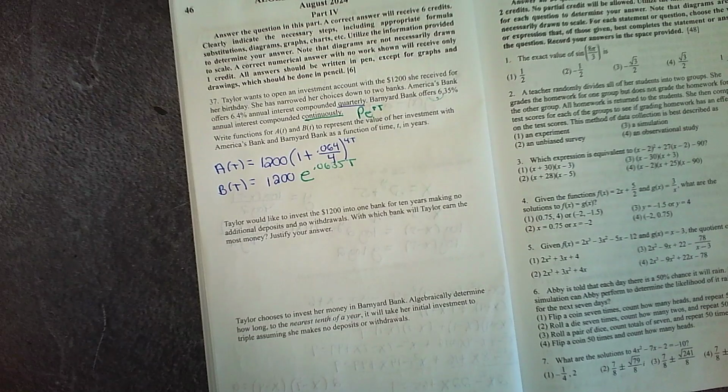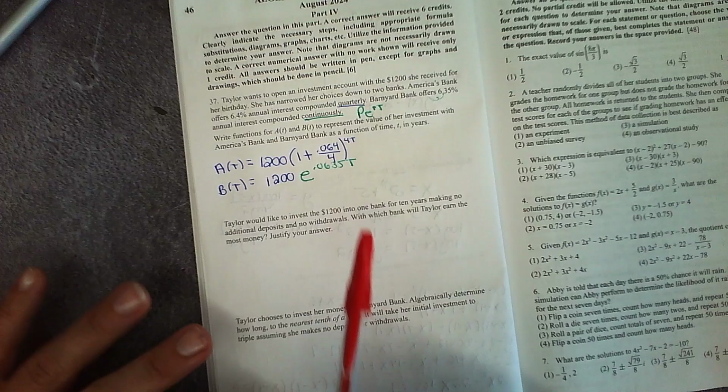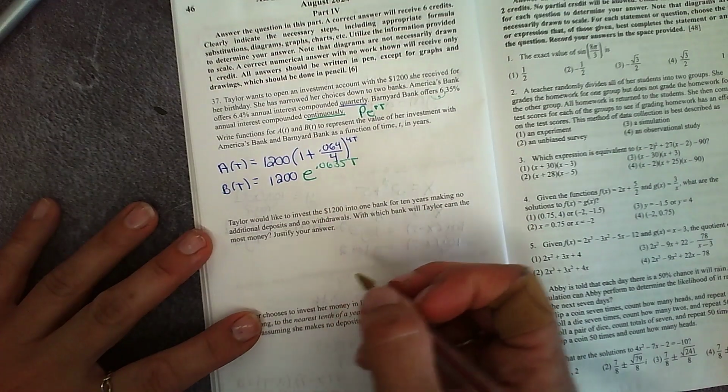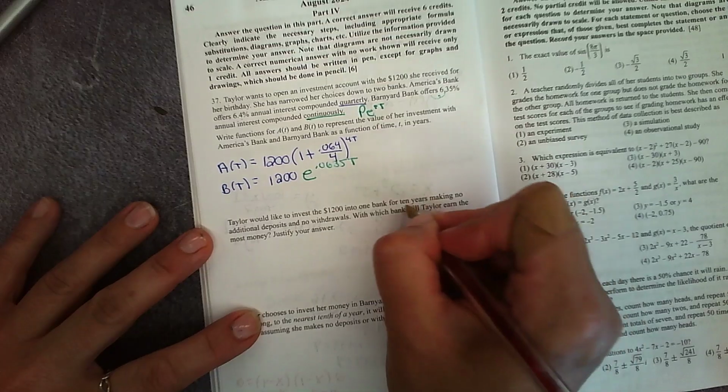Taylor would like to invest $1,200 into one bank for 10 years with making no additional withdrawals. Okay. With which bank should she make the most money? We're just going to plug 10 now into both these equations. All right? Yeah, 10 years.